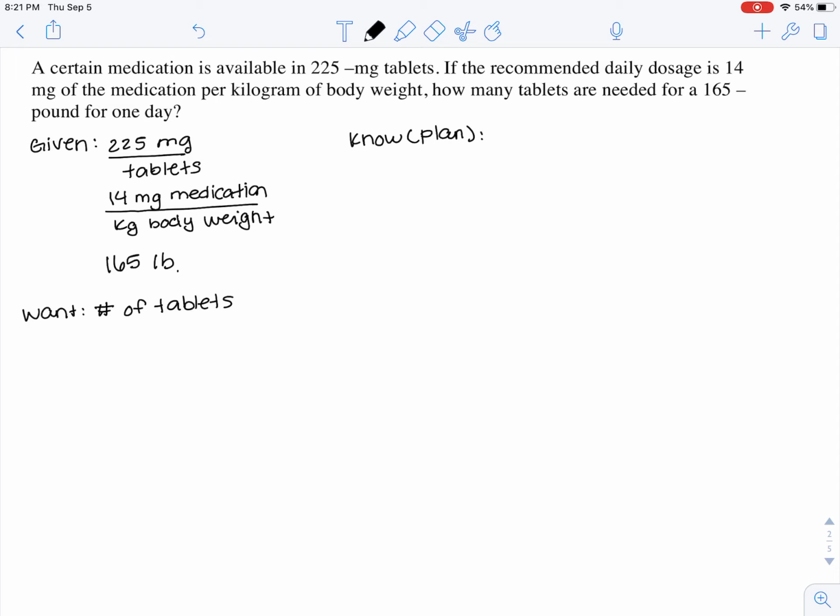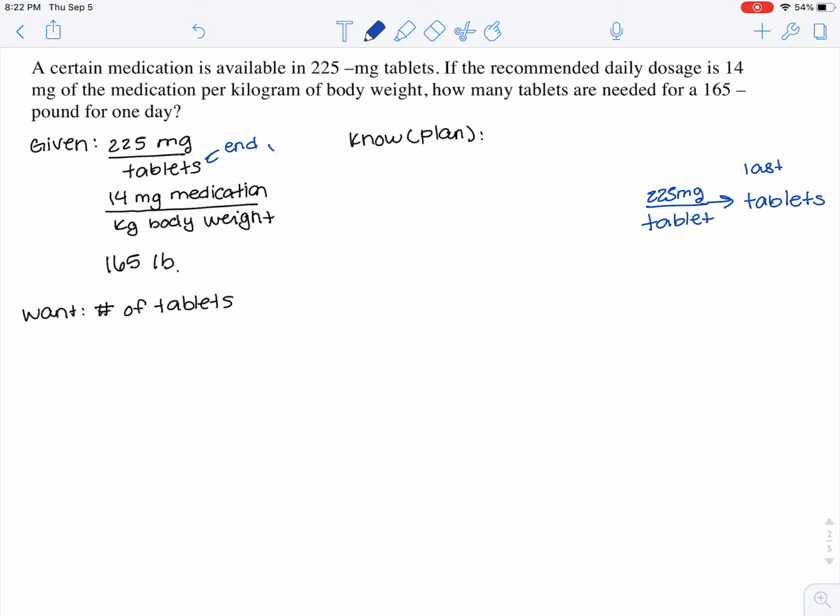So that means that I'm going to use that conversion last. So I want tablets last. To get there, I will have to use that 225 milligrams per tablet.